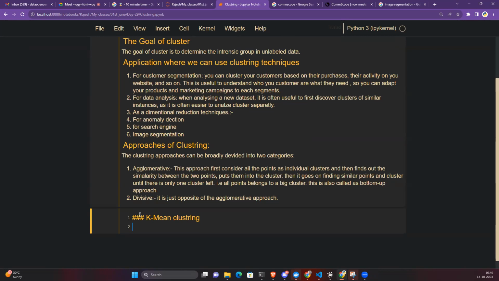K-mean clustering was developed by Bell Labs. I'm not going into the history. K-mean clustering is an approach in which data is grouped into K distinct non-overlapping clusters.